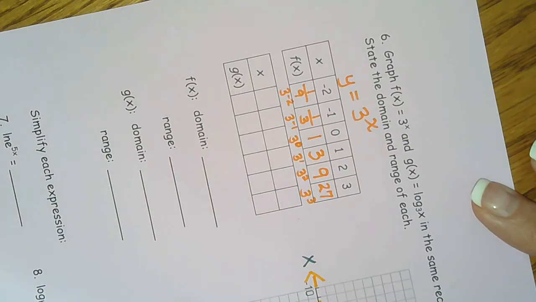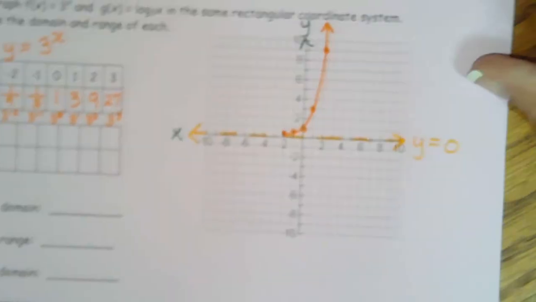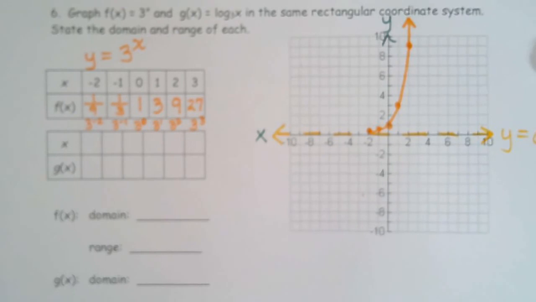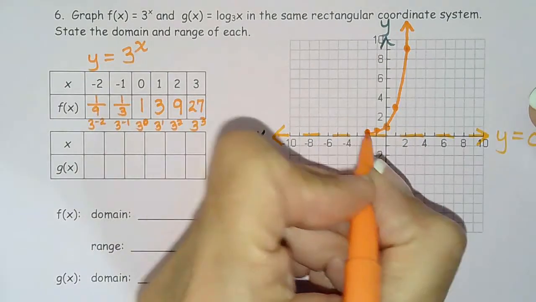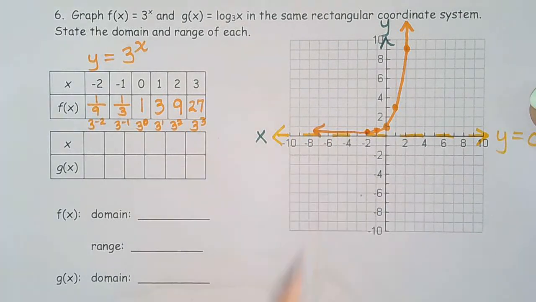So let's draw this part first. And don't forget to put arrows. And then we need to draw the second part and just have it crawl right along its asymptote.